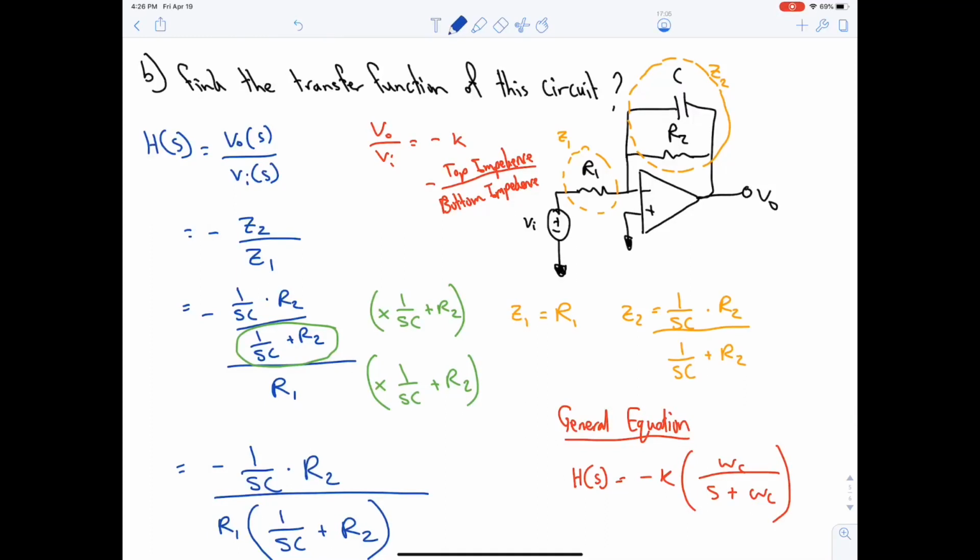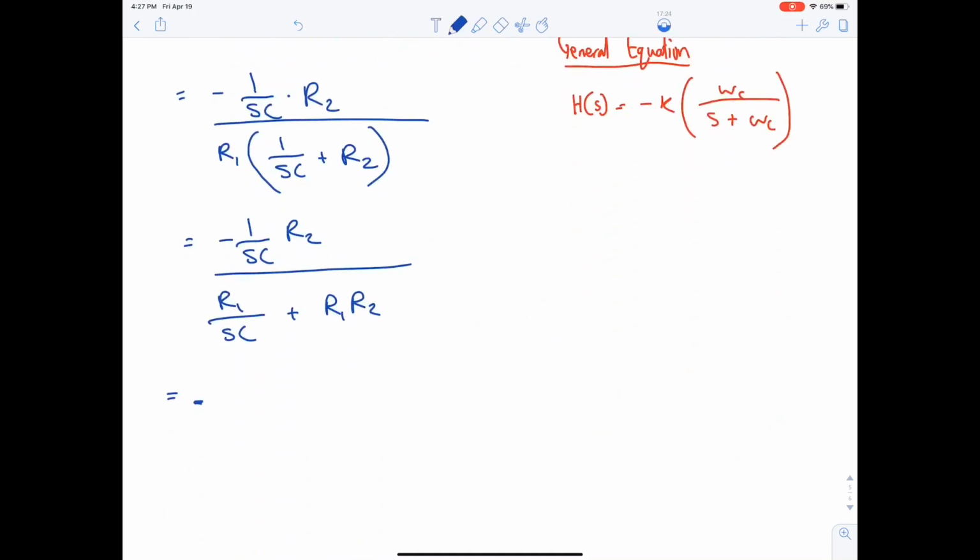Now, what's the difference here? When we did the transfer function, it was the top impedance. Impedance means total resistance, divided by the bottom impedance, total impedance in the bottom. Whereas the K by itself, the K here is the top resistance, only R's, divided by the bottom resistance.